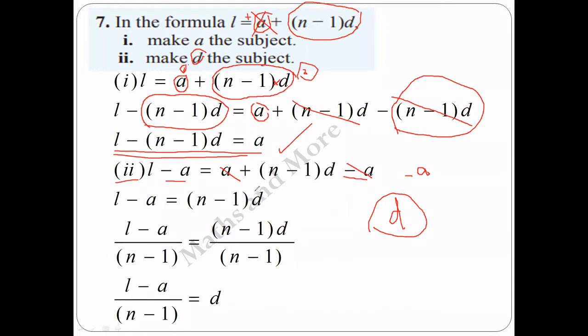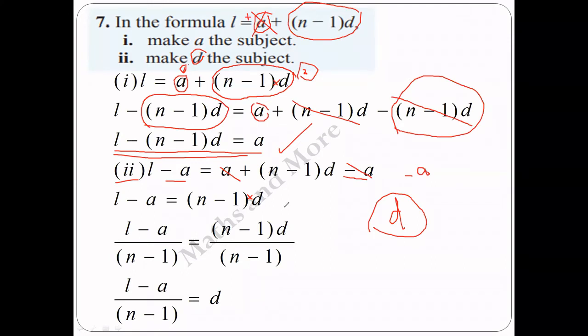So what are the terms combined with D? In the middle of this bracket and D, there's a hidden multiplication sign. D is the common factor of this multiplication. That means D multiplied by n minus 1.